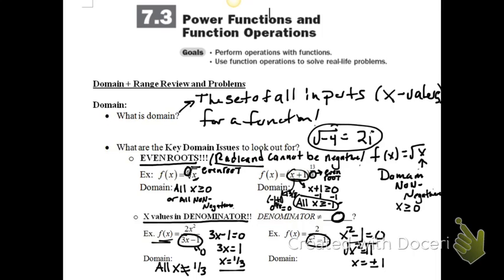So now I can't use either 1 or -1, because if I were to plug it in, 1 squared would be 1, and 1 minus 1 is 0. Or if I squared -1, I'd get 1 minus 1, I'd still get 0 in the bottom. And that would be undefined. So here I would say my domain is all but x cannot be equal to plus or minus 1.